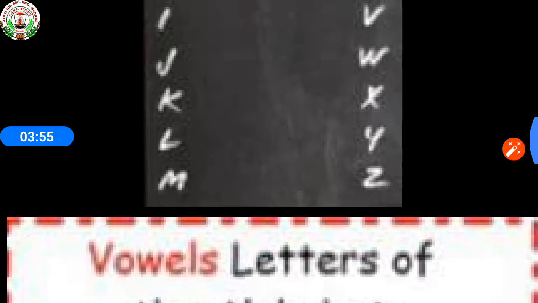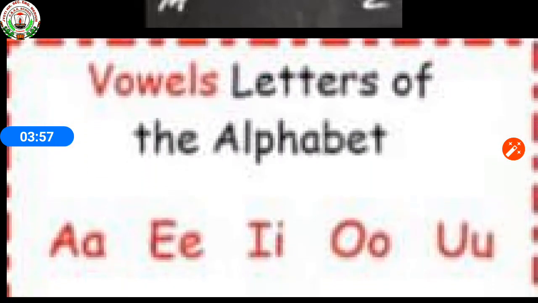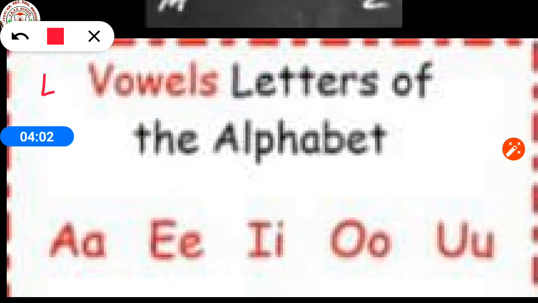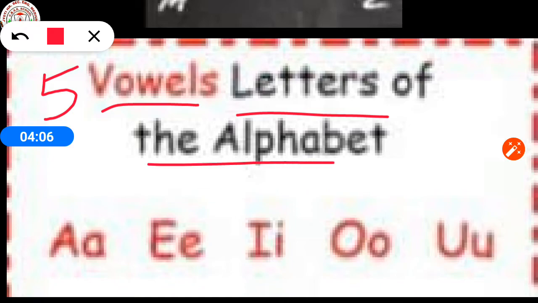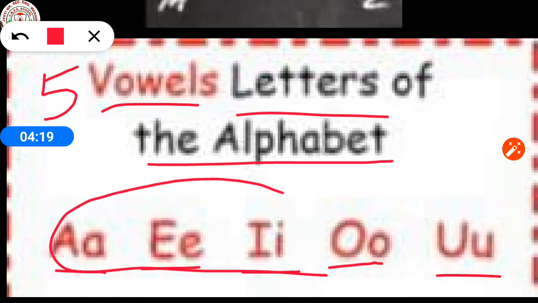And as we also know, there are 5 vowel letters of the alphabet. They are A, E, I, O, U. These are called vowel letters.